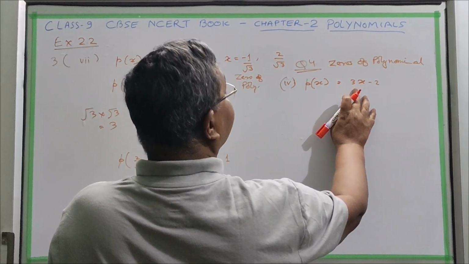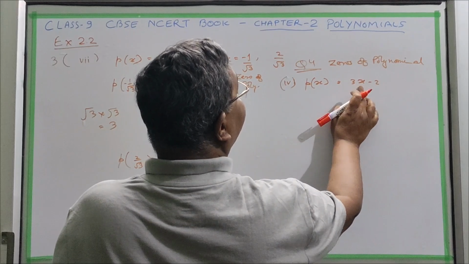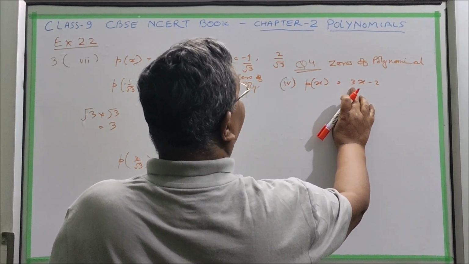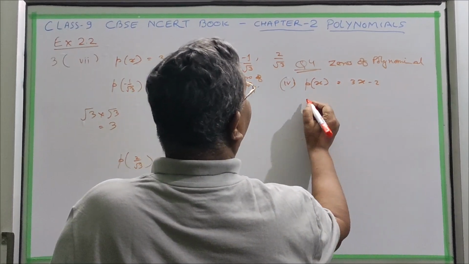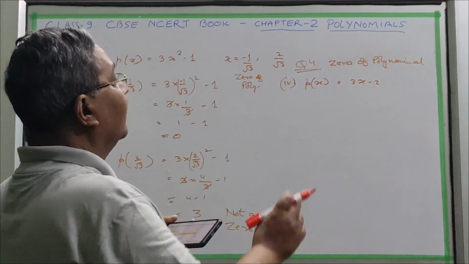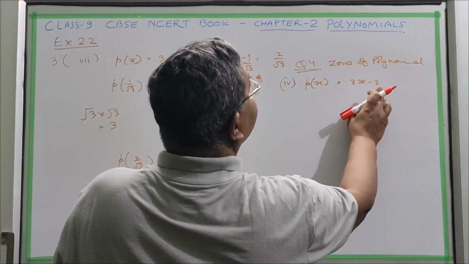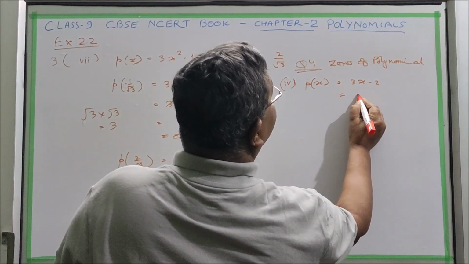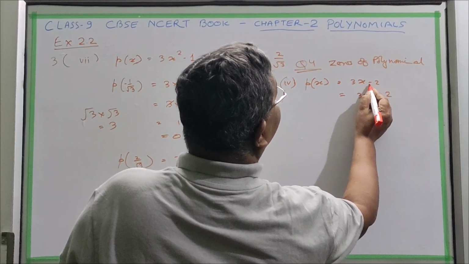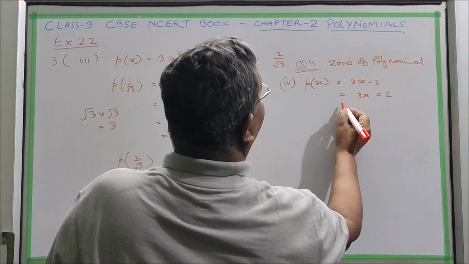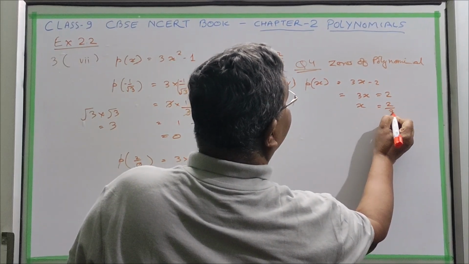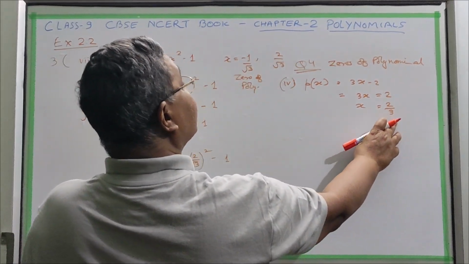If we take x as 1, 3 minus 2 will not give 0. So we set 3x minus 2 equal to 0. 3x is equal to 2, the minus 2 goes to the other side. So x becomes 2 upon 3. So this is the zero of the polynomial.